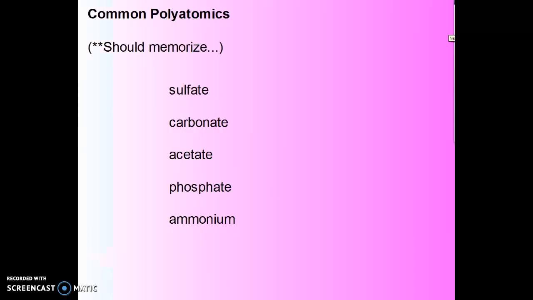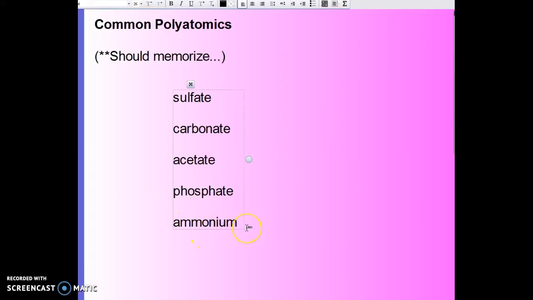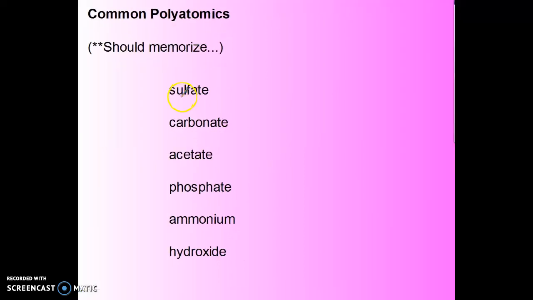Alright, so here are the ones that you really should memorize, and actually I forgot to add one to this list. Let me edit that real quick. You should also memorize hydroxide. So, sulfate, just like it sounds, has a sulfur ion, and the formula for sulfate is actually SO4, and then it has a 2- charge.